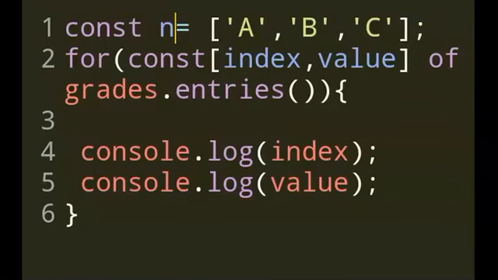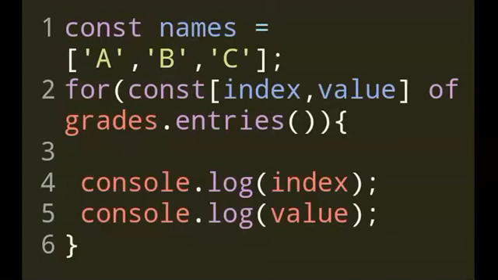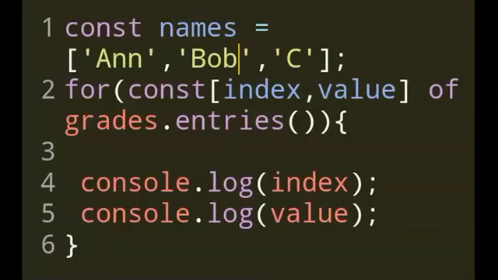Now let me consider one more, my favorite, a names array. Const names equal to Alice, Bob, Charlie. Easy, right? Now I just want to get the name values.